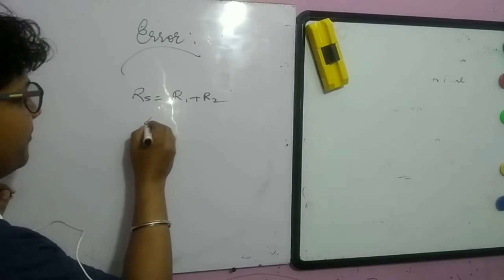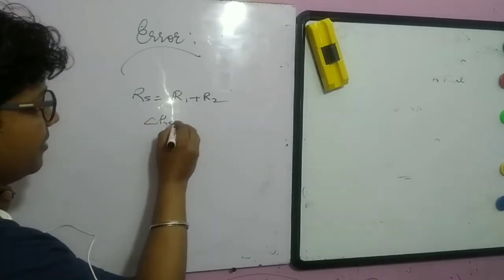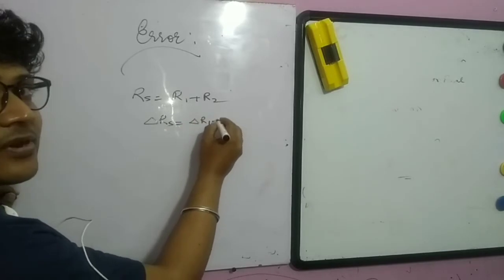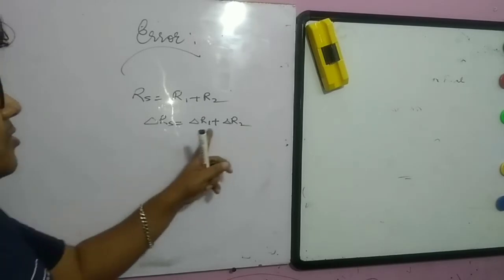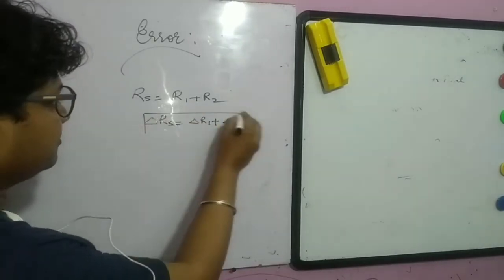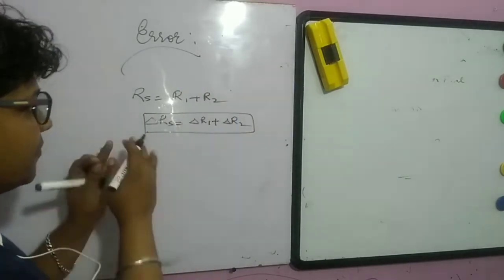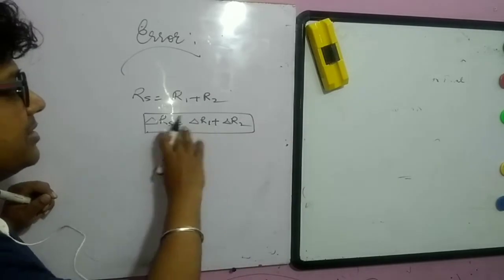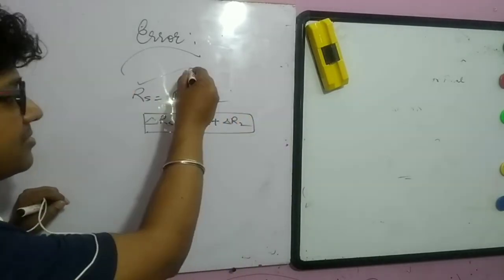So we can write delta RS is equal to delta R1 plus delta R2. So this will be the change, or we can say error in RS, right?